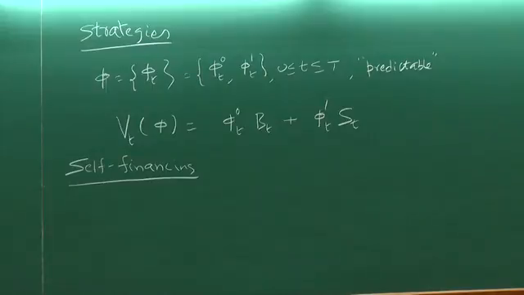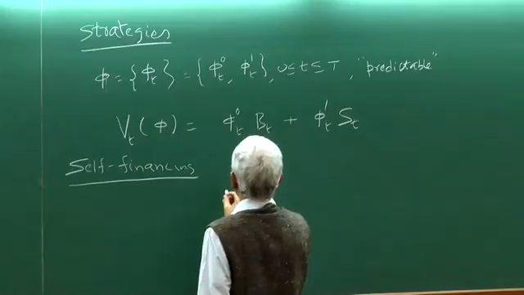In discrete time we could write it as the inner product of phi n and S n must be equal to the inner product of phi n plus 1 and S n, but that's not possible here. So it has to be defined only in terms of gain.